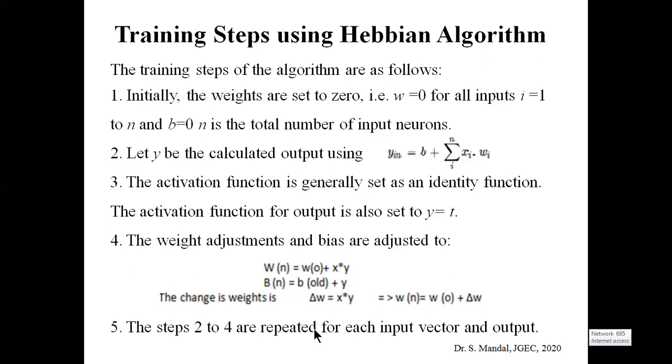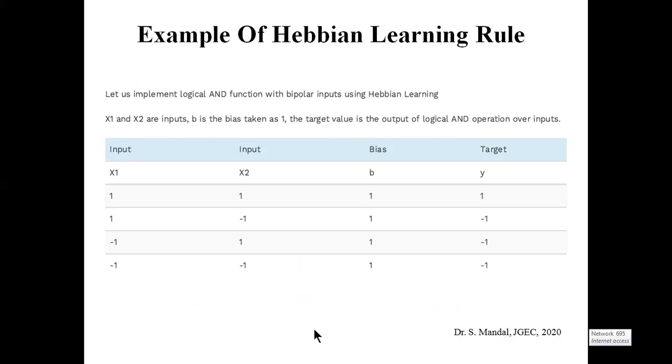In any data set there can be different possible input-output patterns, so for each case the respective weight and bias will be gradually updated one by one, until all the input and output vectors are covered. Now let's explain the Hebbian learning rule using an AND function or AND gate.